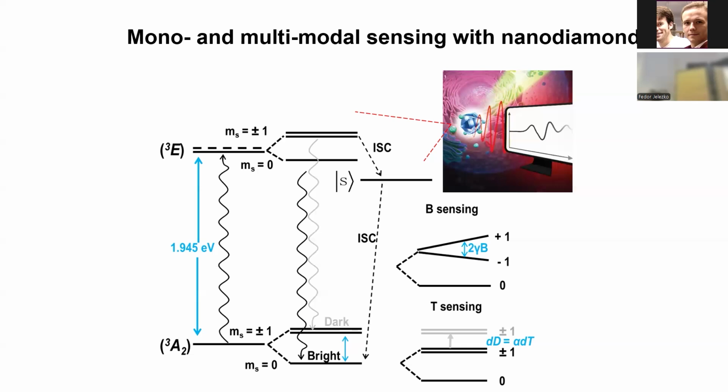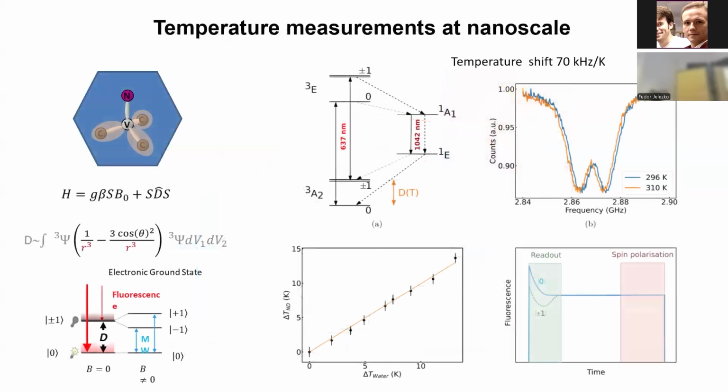In addition, the D parameter, the zero field splitting, is a temperature-dependent value. So if you change the temperature, the D changes, and the separation between the 0 and the plus and minus 1 states changes. It can be seen, in the simplest picture, like the effect of extension of the diamond lattice, because the D parameter comes from a dipole-dipole interaction between electrons forming NV centers.